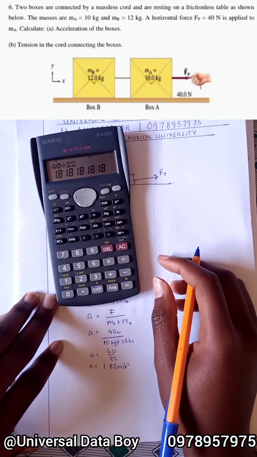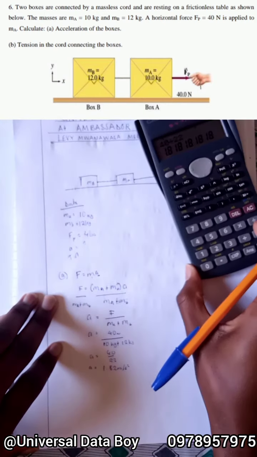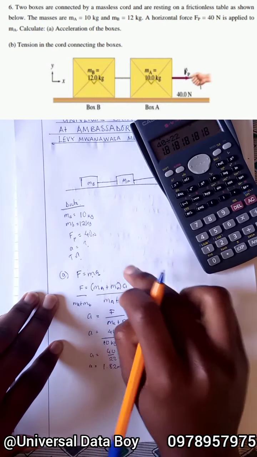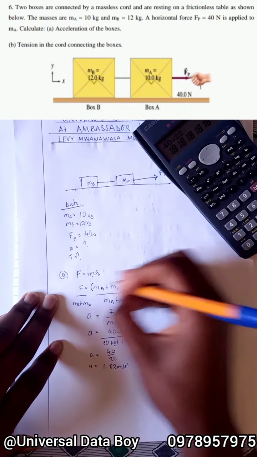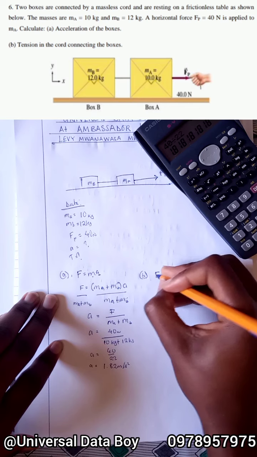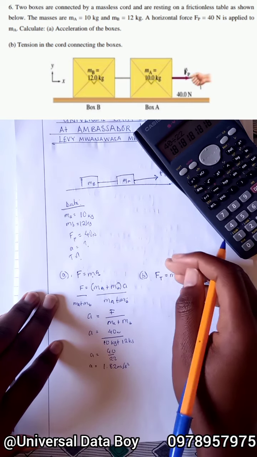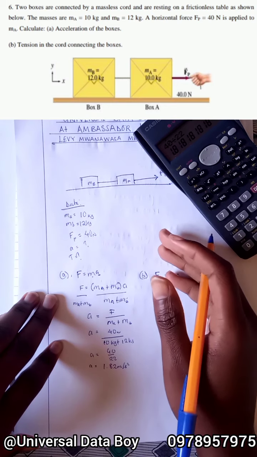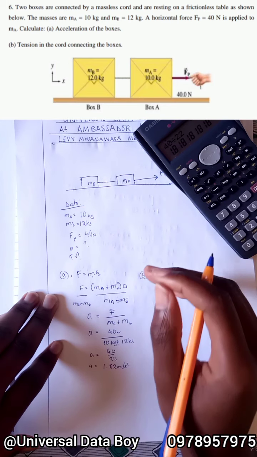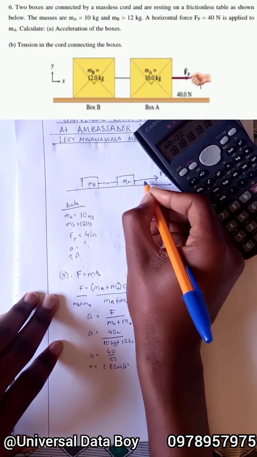And then for part B, the tension in the cord. So now we can go back to Newton's second law. So this is A, and then we can go to B. So the force, now the tension force is equal to the mass times the acceleration. Which acceleration and which mass? So now the tension in the cord connecting the boxes. So it's actually this tension, not this one.